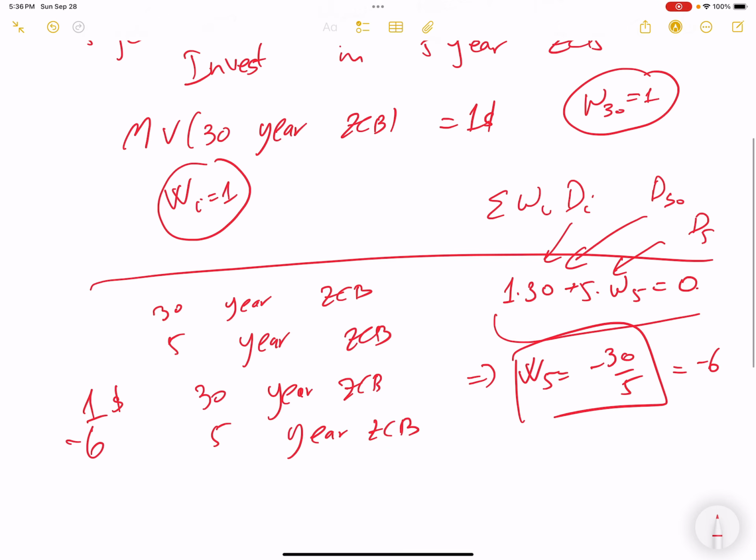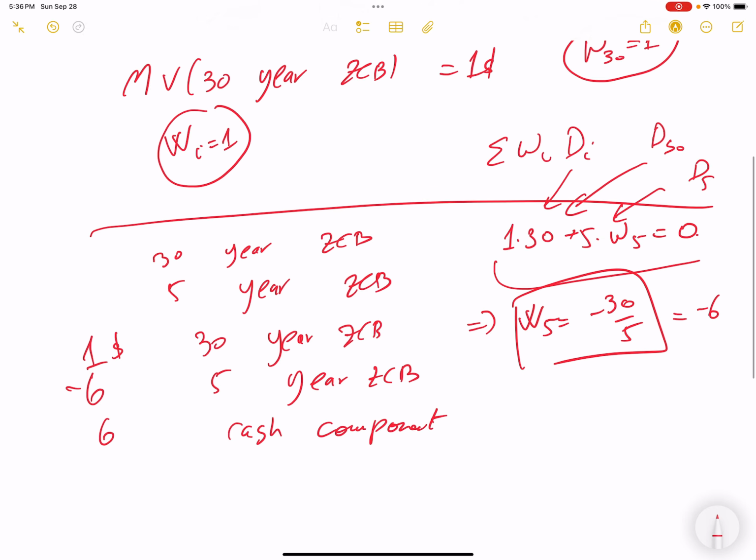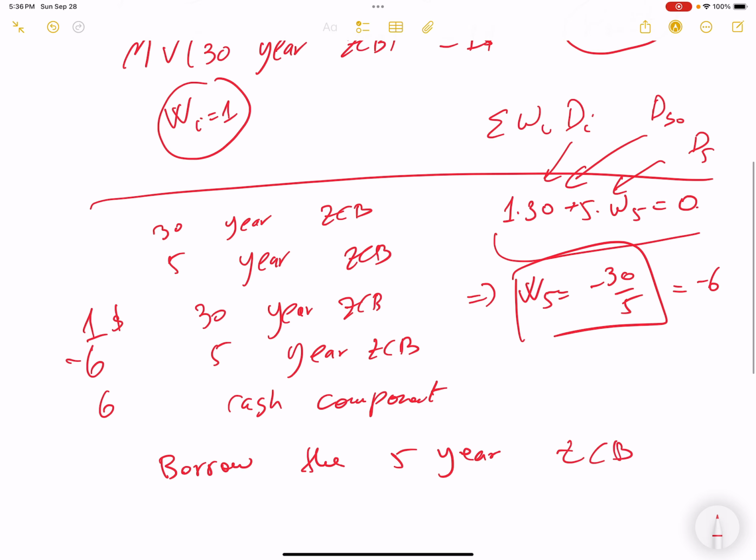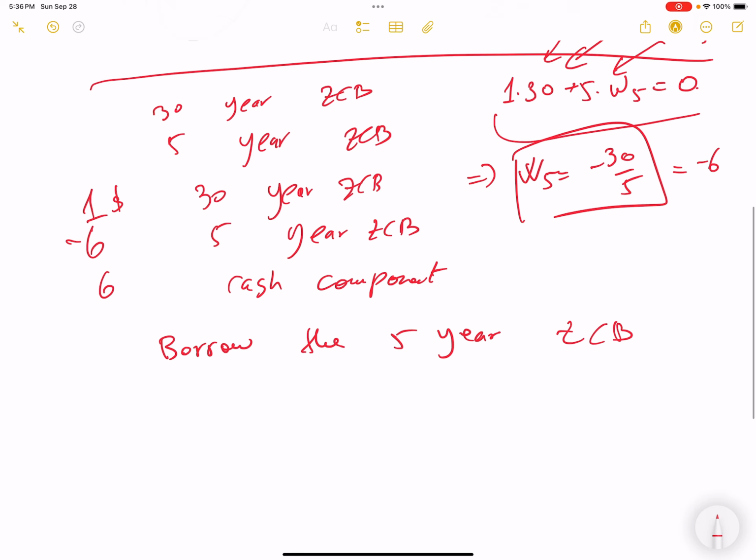Okay, so then you will also have a $6 cash component. Why is that? Because when you actually borrow, how do you actually create a minus 6, right? So you need to borrow the 5-year zero coupon bond. Okay, and now you want to sell it on the open market because otherwise your balance sheet is going to look like that. It's going to be 30-year zero coupon bond minus 5-year zero coupon bond because you borrowed.